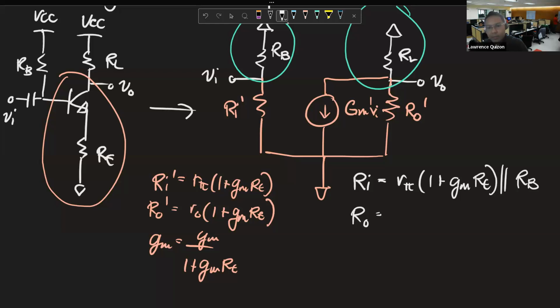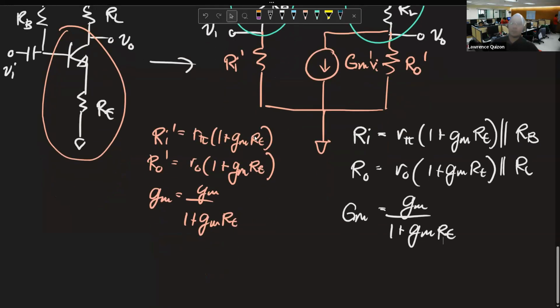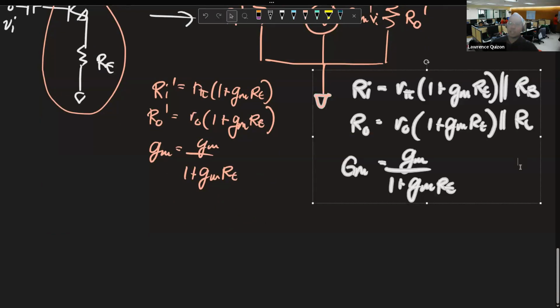R out is now R out times 1 plus GM RE parallel RL, and GM is now GM over 1 plus GM RE. Alright? So yun yung nangyari dun sa small signal parameters natin.